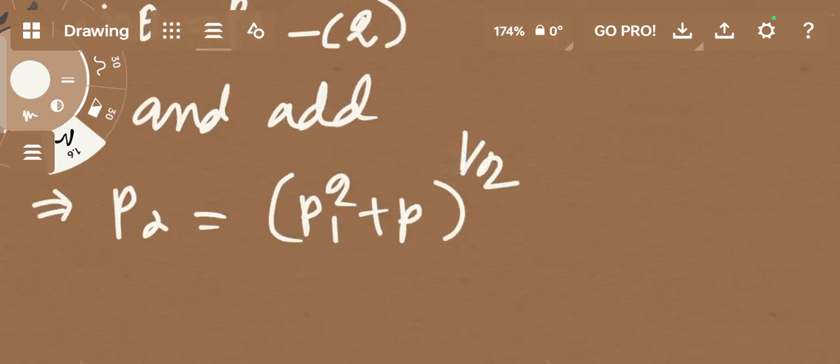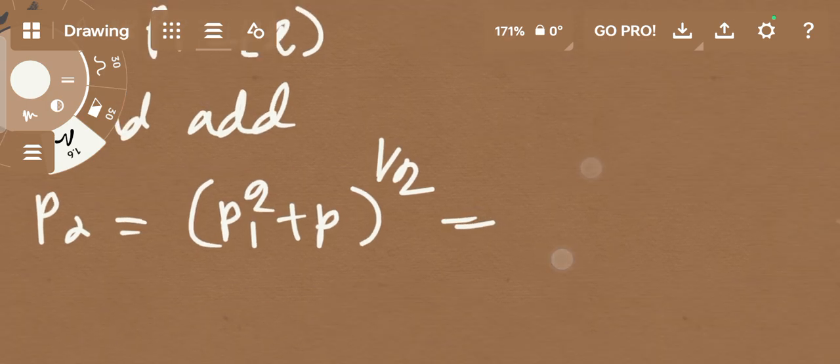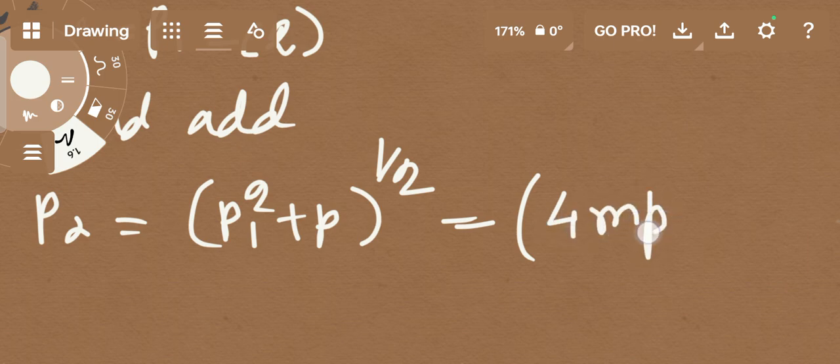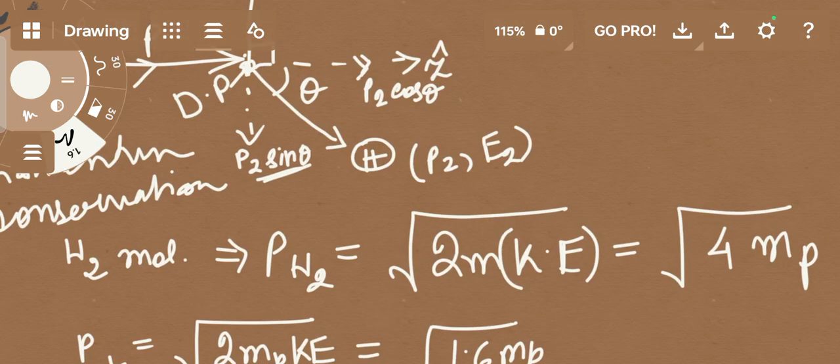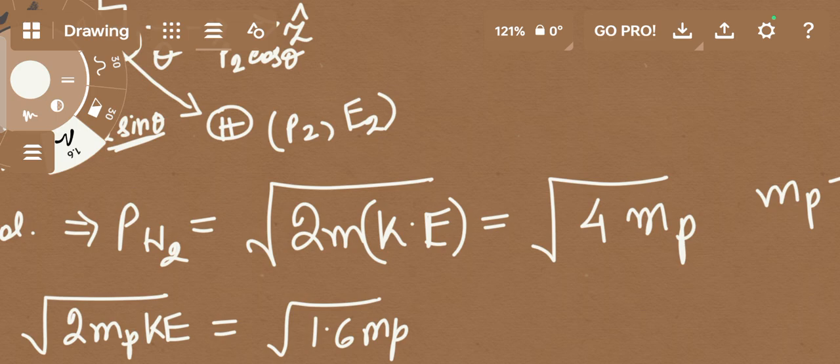Now we know p and p1, which are given. So what was our p1? It was 4 mp, so p1 square is 4 into the mass of proton.